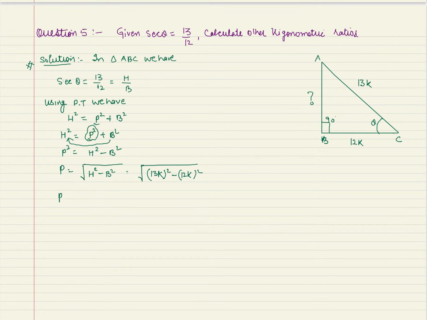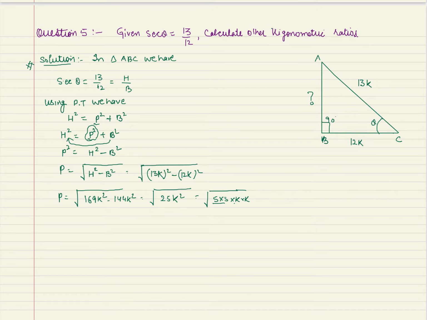So this perpendicular is under root of 169 k square minus 144 k square, which is equal to under root of 25 k square, which you can further write as 5 cross 5 cross k cross k.